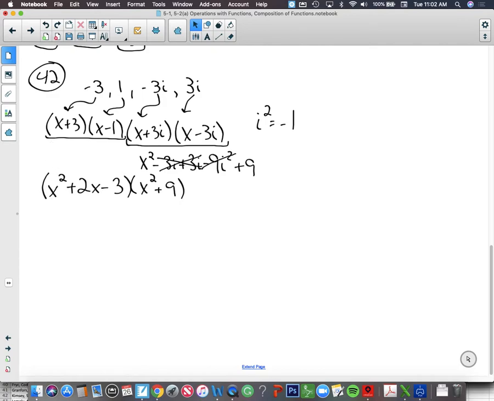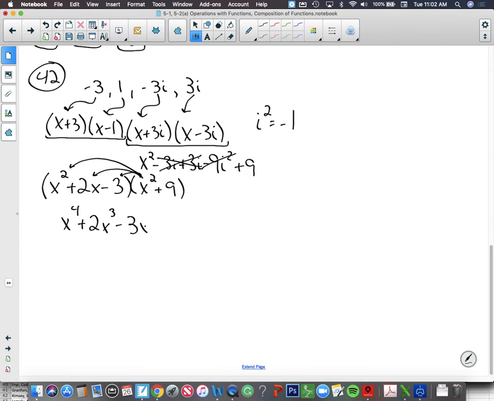And we're going to now multiply these. So take the x squared into everything. That's going to give me x to the 4th plus 2x cubed minus 3x squared. And now we take the 9 into everything. So 9x squared. Yep, so I should write that 9 underneath my 3.